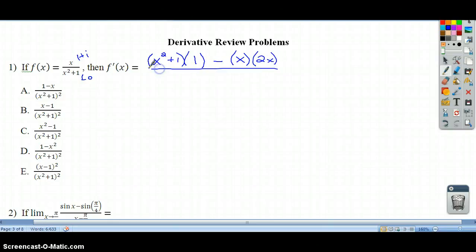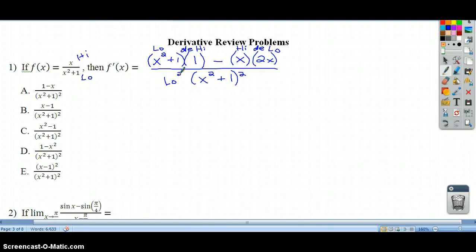All divided by the low function squared. Okay, so that was the low, and if you're scoring at home, low d high minus high d low all over low squared.